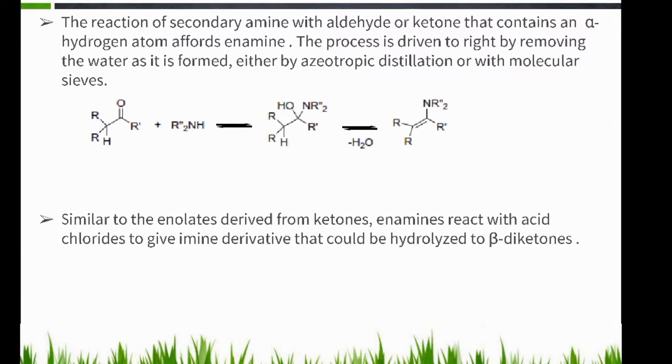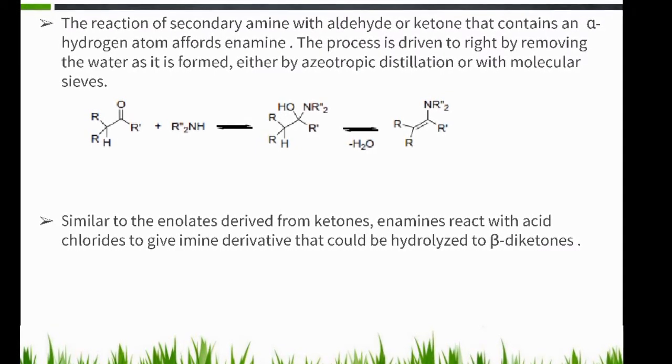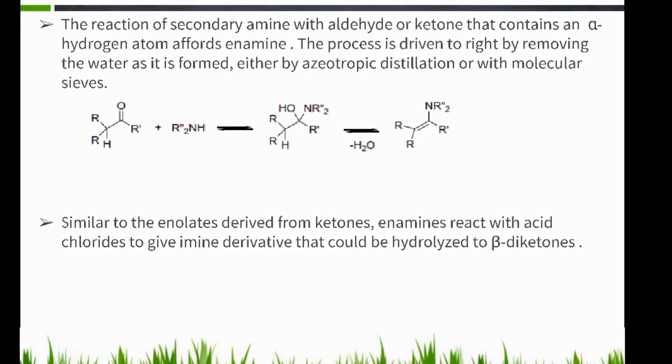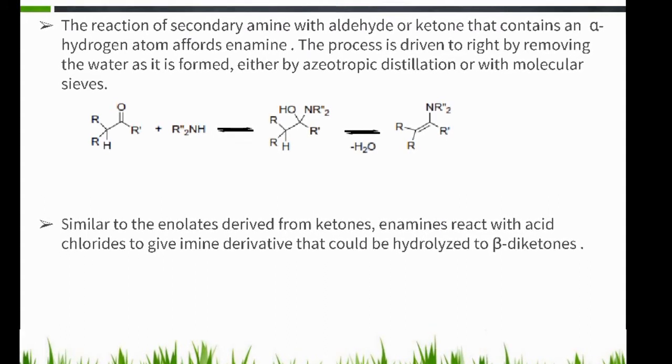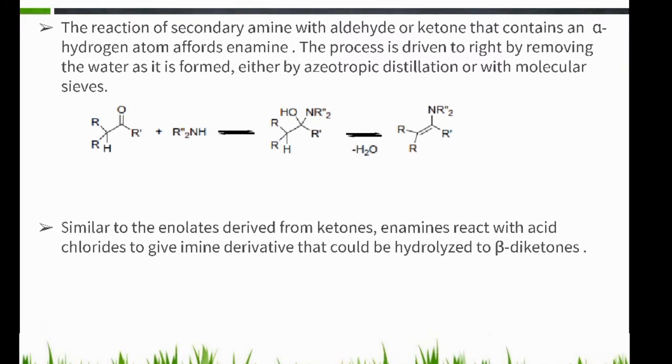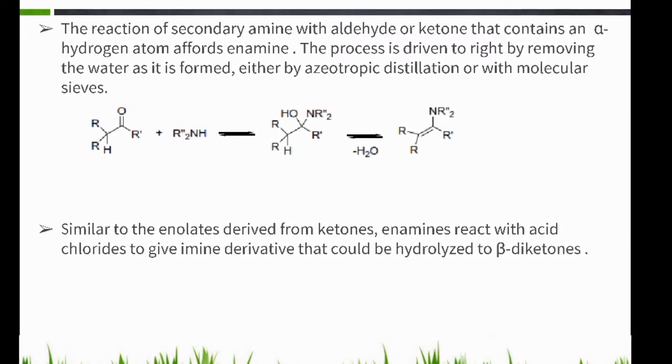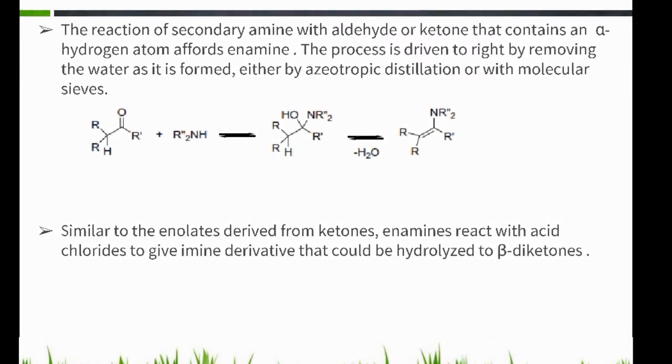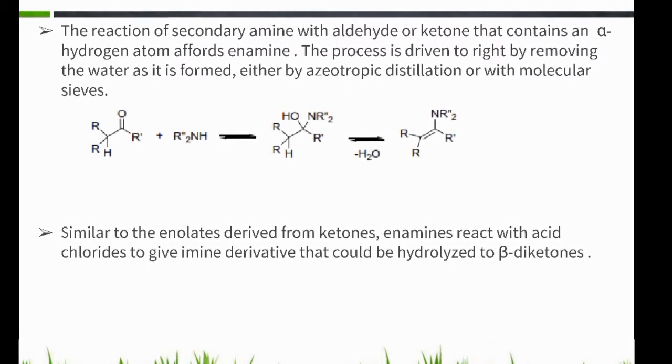Similar to enolates derived from ketones, enamines react with acid chlorides to give an imine derivative that could be hydrolyzed to beta diketones. It comes like this. So this is the imine, the third one.